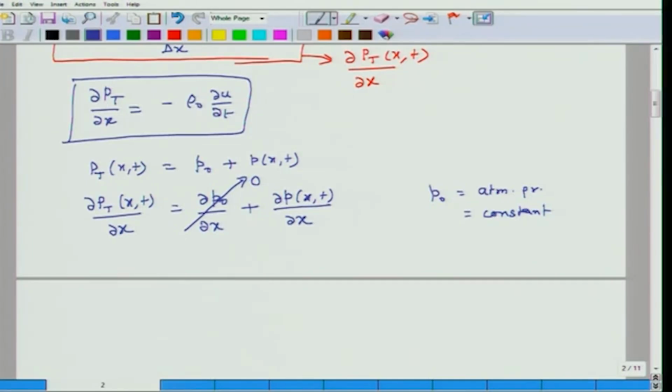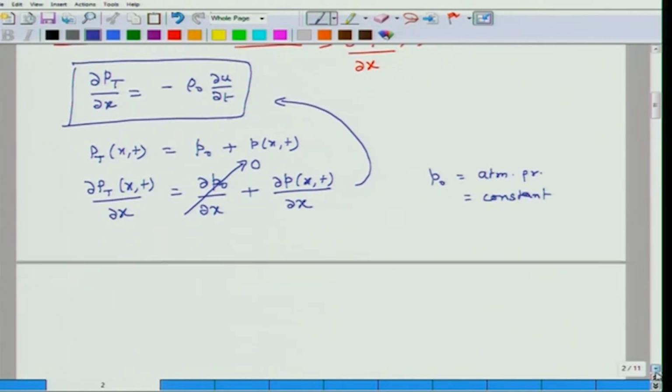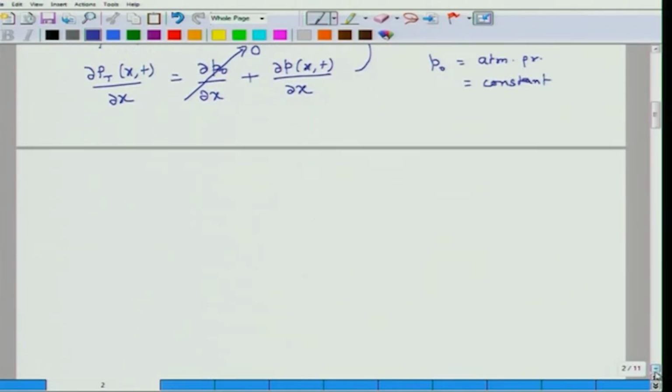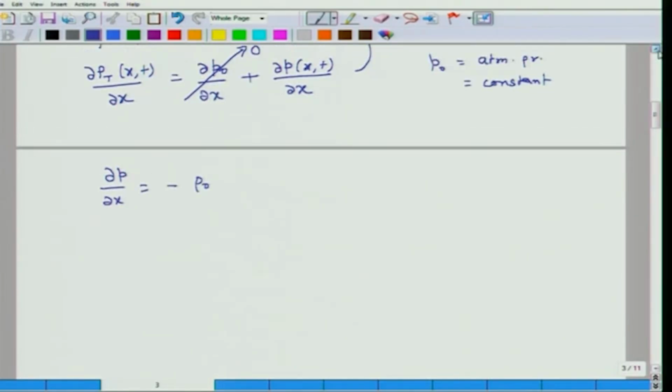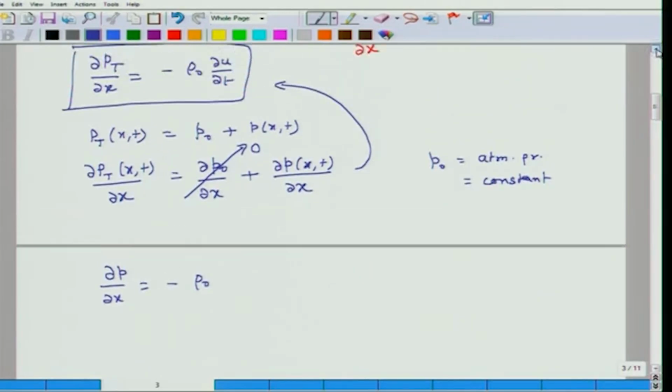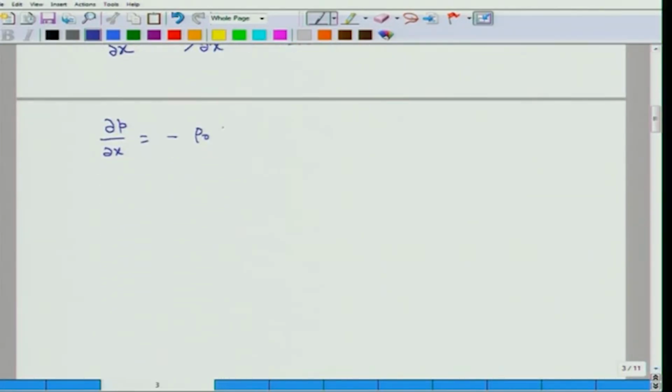So I can use this back into this, and what I get finally is del P over del x is equal to minus rho naught del u over del t.